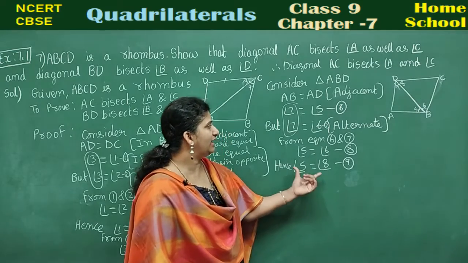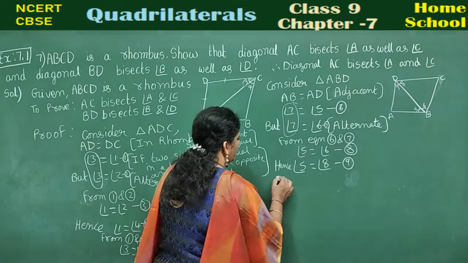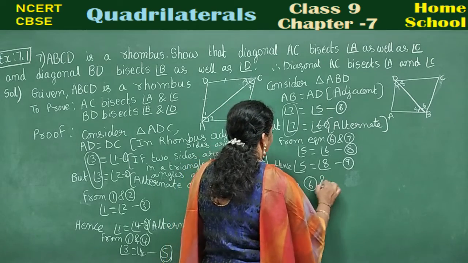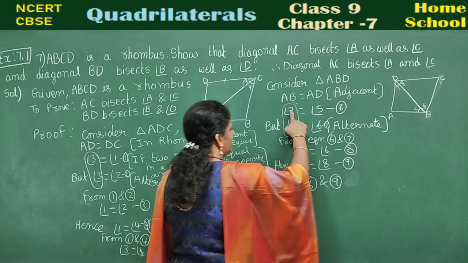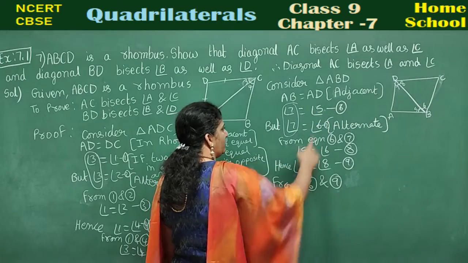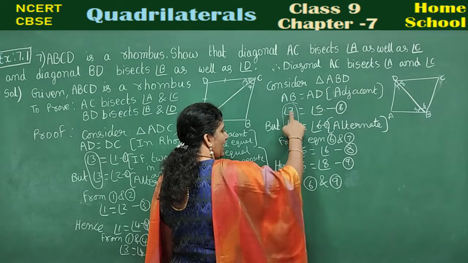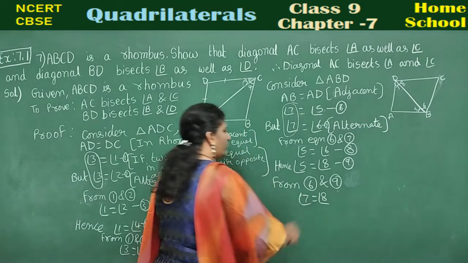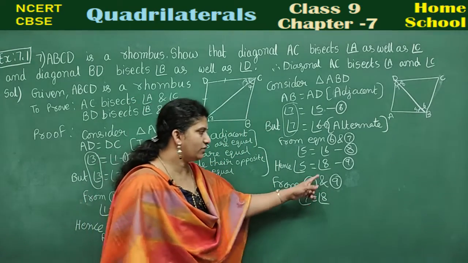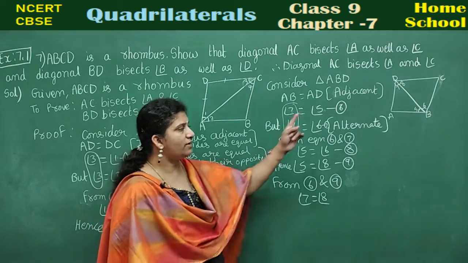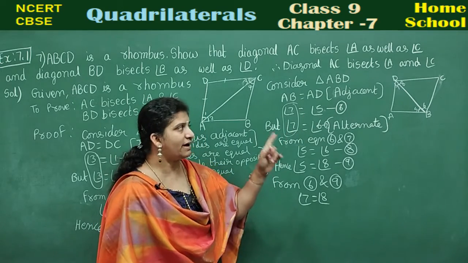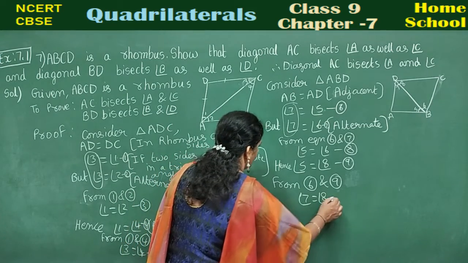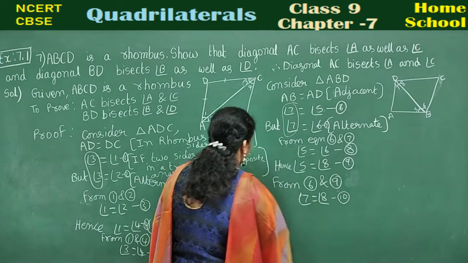Angle 5, angle 8. From 6 and 9, I say that angle 5 and angle 5 common. Angle 7 is equal to angle 8. You can equate. So observe in the figure. Yes, it is bisecting angle D. Therefore, if you want, you can mark 10.